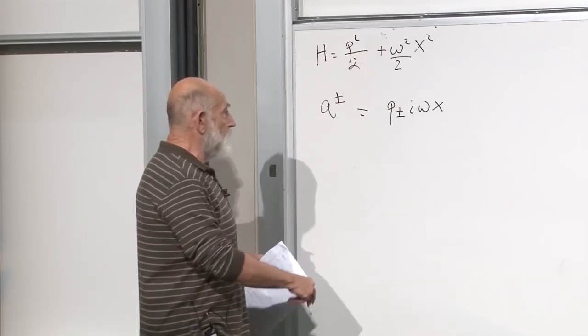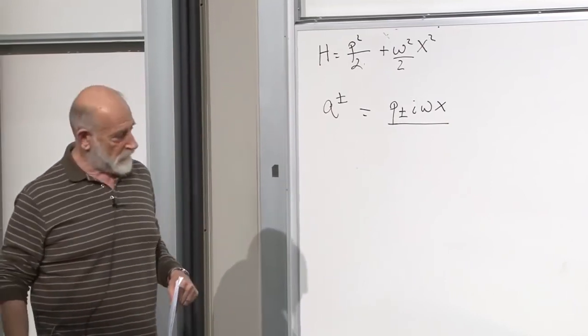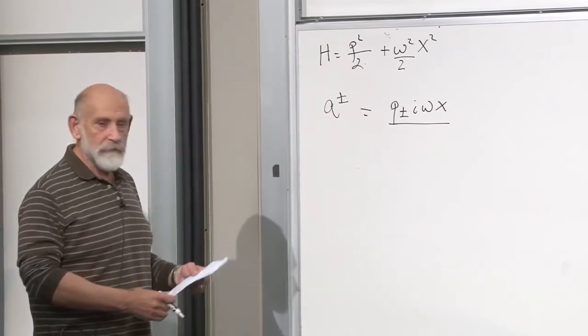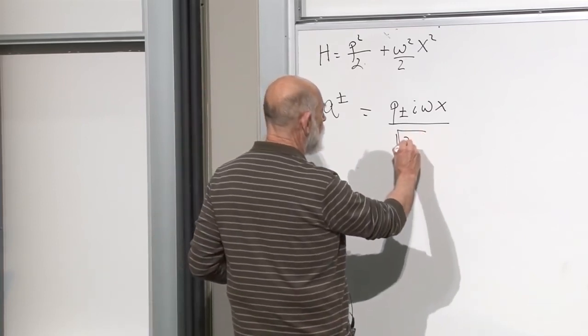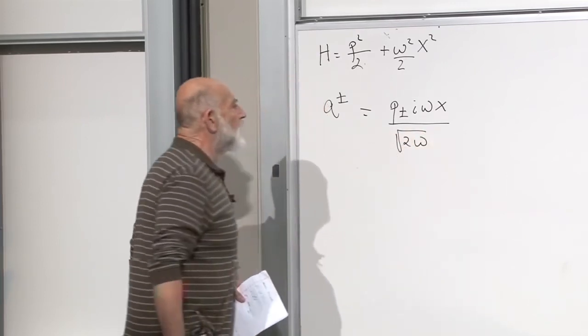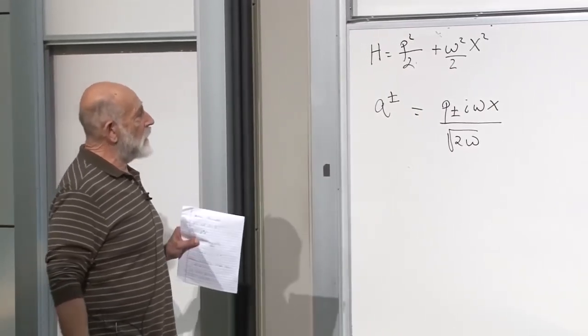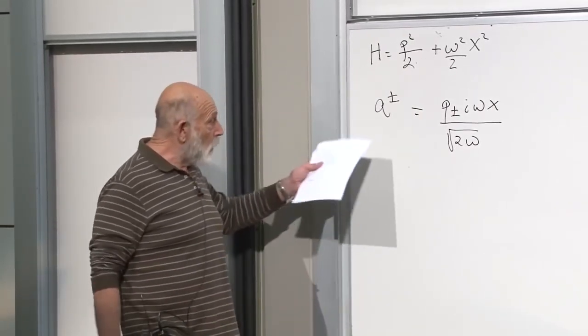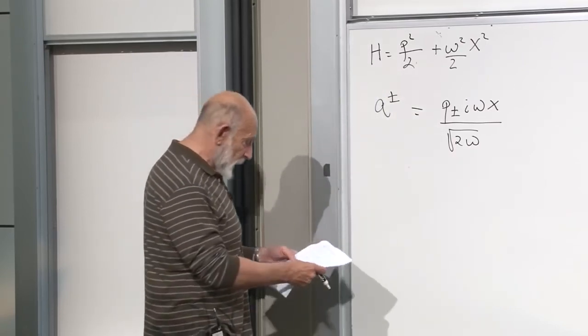All right, so we'll come back to that in a minute, but in order to be consistent with the notations that are ancient, we'll put a square root of 2 omega here. And those are the A plus or minus. And if you work out classically or quantum mechanically the Hamiltonian in terms of A plus or minus, here's what you find.